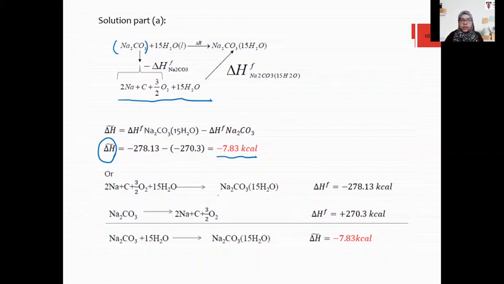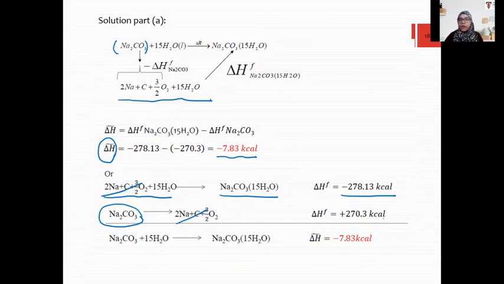In producing the sodium carbonate in 50 mole of water, it is based on the elements of sodium, carbon, oxygen and water. The heats of formation are given. And then second, we can cancel this part to obtain the heat of formation for the solute only.